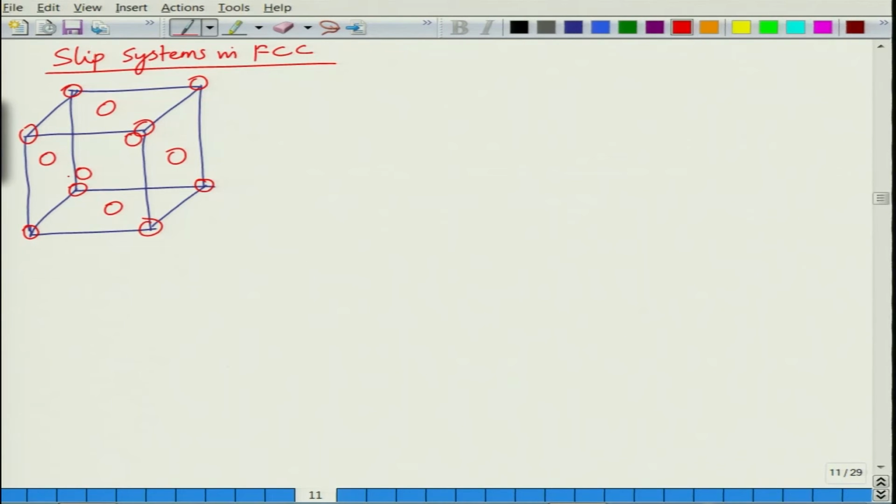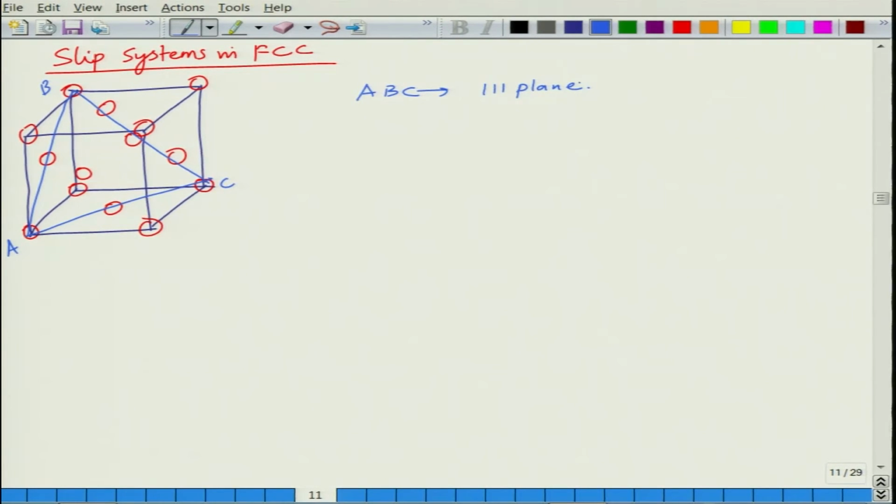Now, we know that the highest density plane is this plane. So, this A, B, C is the 111 plane. How many 110 type directions lie in this?